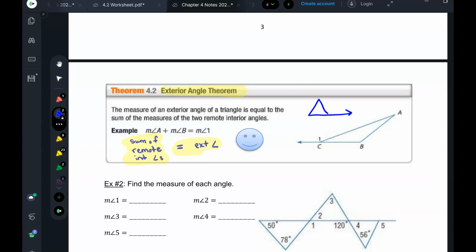It would be 110. You just add them together. What if I gave you, let's say that this was 120 degrees, and this was 80 degrees? So no matter what, these two that are far away have to add up to the exterior angle, okay?